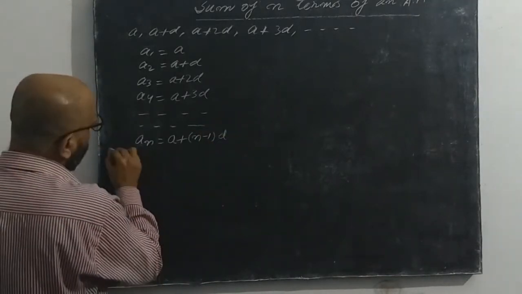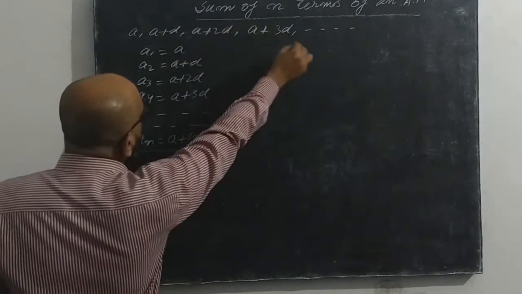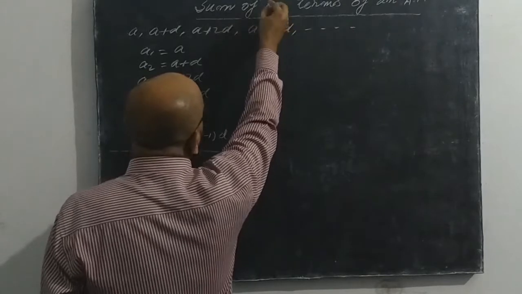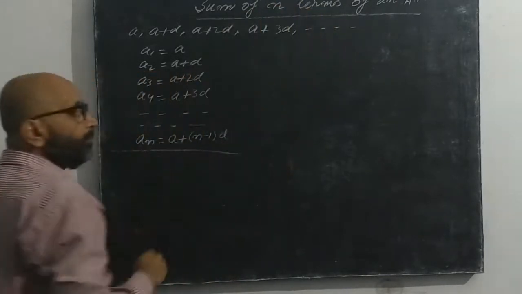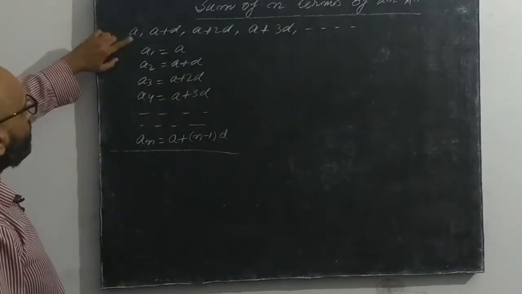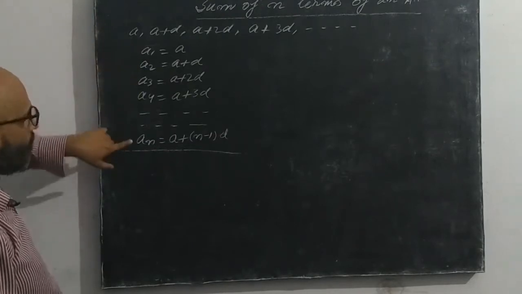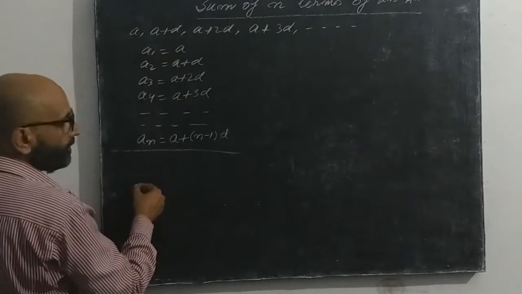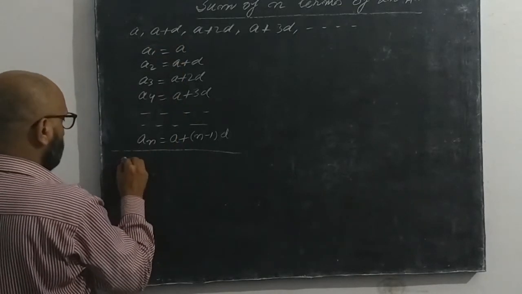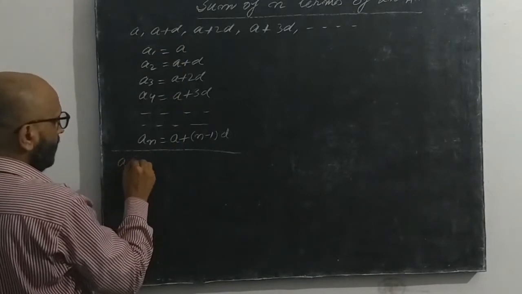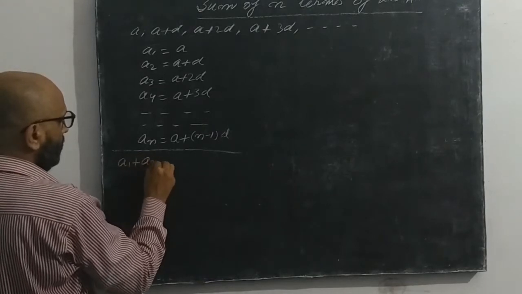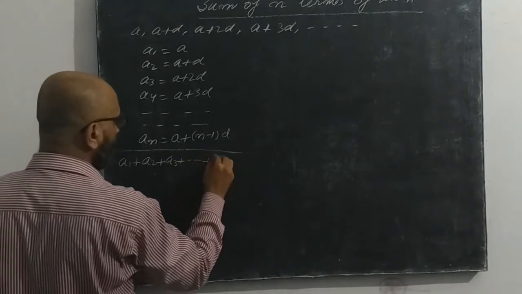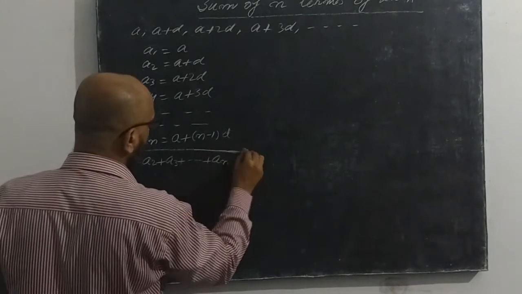Now here, what is Sn? Sum of first n terms, sum of n terms of an AP, that means sum of first n terms. So first n terms means a1, a2, a3 and so on to an. So if we add these equations, we get on the left hand side a1 plus a2 plus a3 plus so on to an.